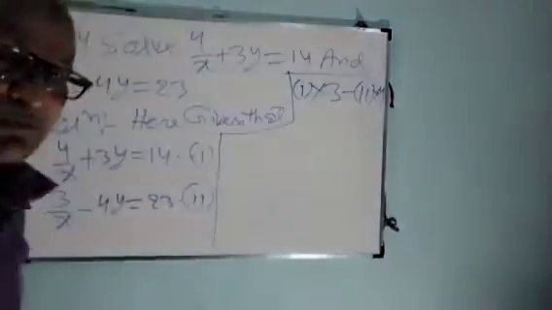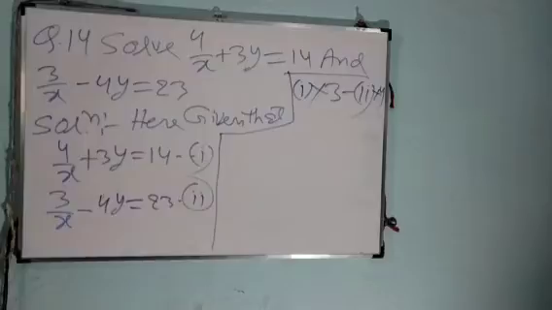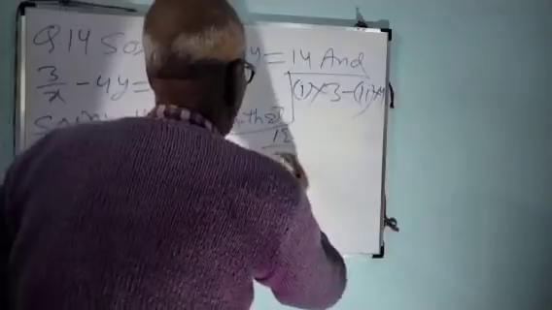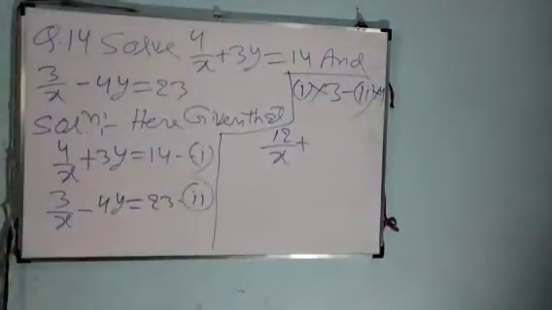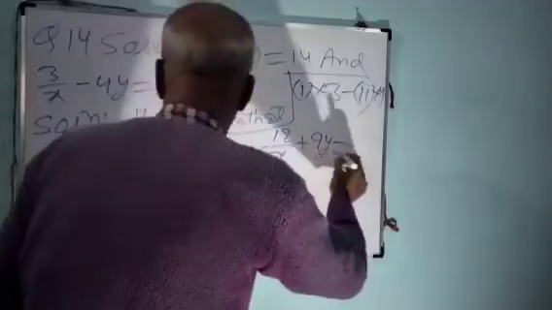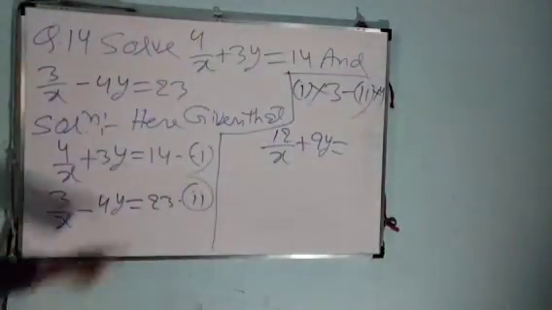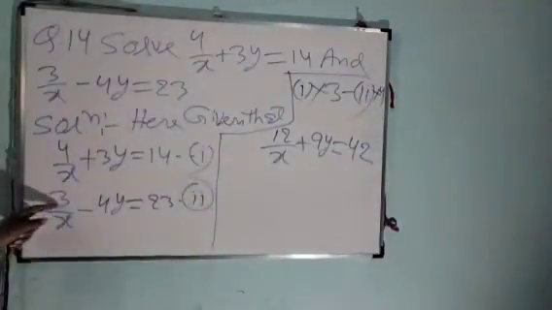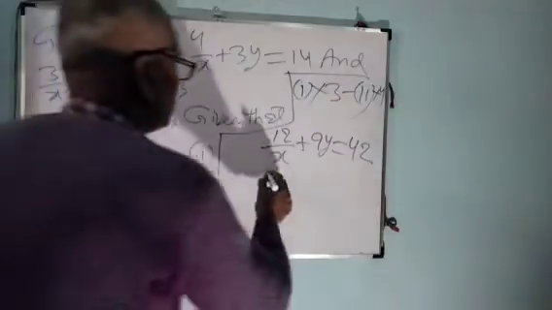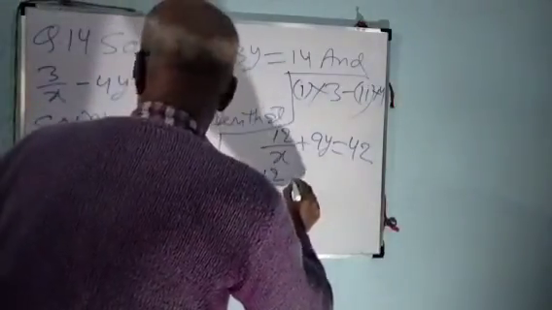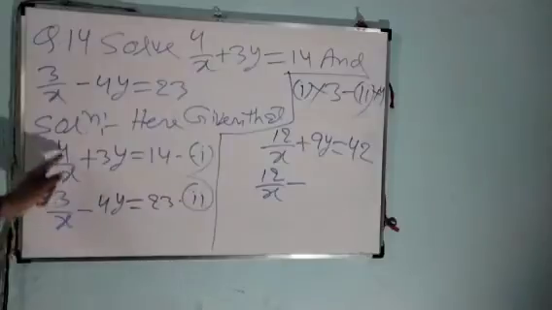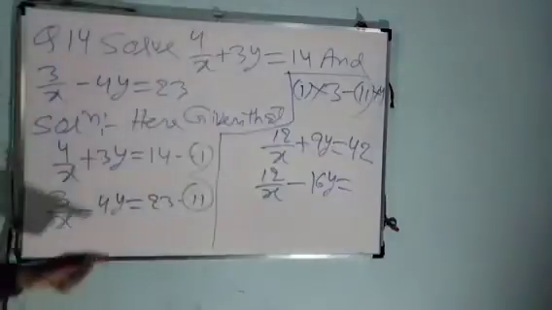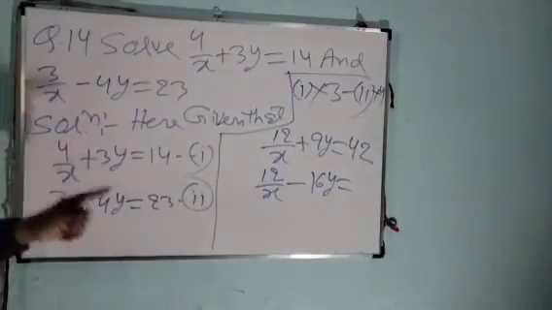We directly subtract by changing the sign. Let us see. 12x plus 9y is equal to 14 threes are 42. Again 12x minus 4 fours are 16, 16y is equal to 23 into 4 is equal to 92.